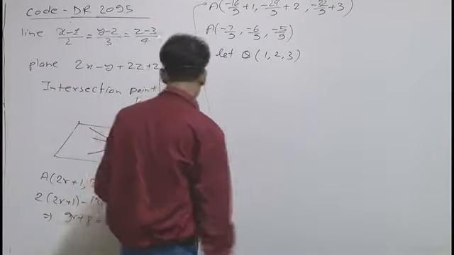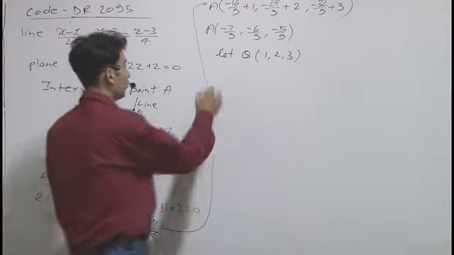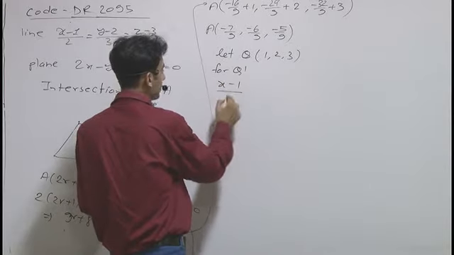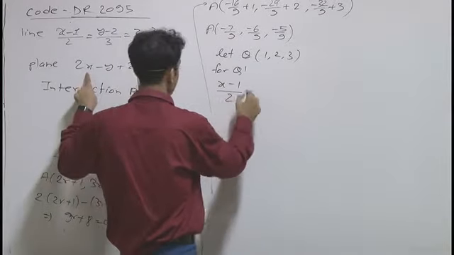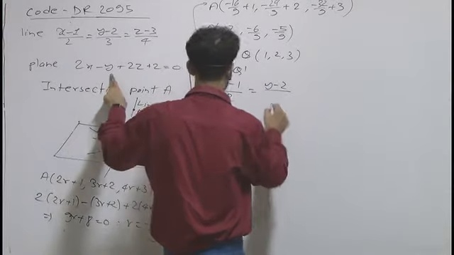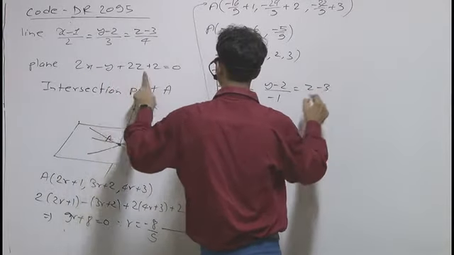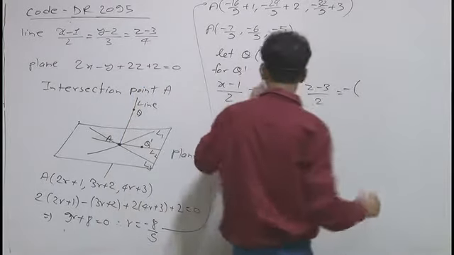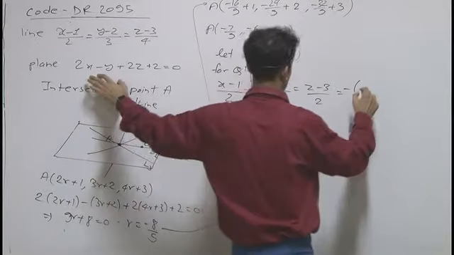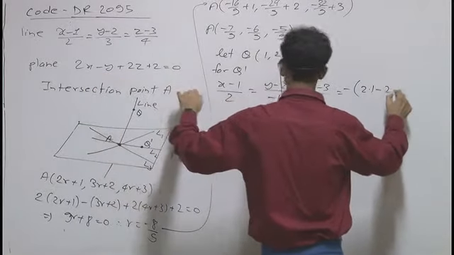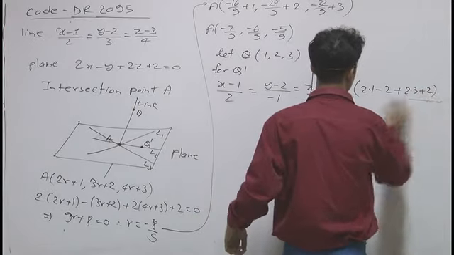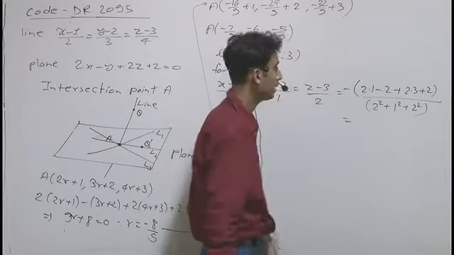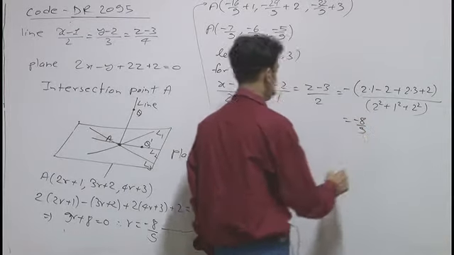We use the projection formula for finding Q dash. For Q dash, we can write x minus 1 upon A, y minus 2 upon B, z minus 3 upon C, and we put this point in the given plane: 2 into 1 minus 2 plus 2 into 3 plus 2 upon 2 square plus 1 square plus 2 square. So this will become minus 8 by 9.